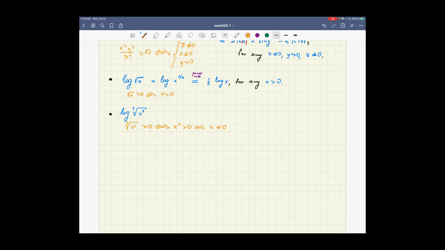And cubic root of x squared can be written as log x squared to the power 1/3, and applying the power rule, I can write that this is 1/3 log x squared.